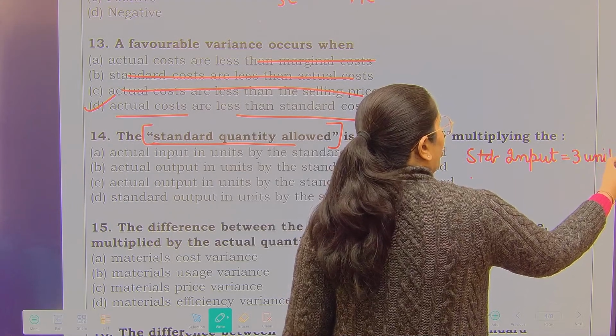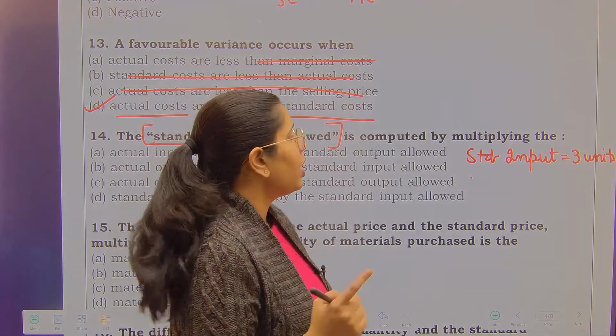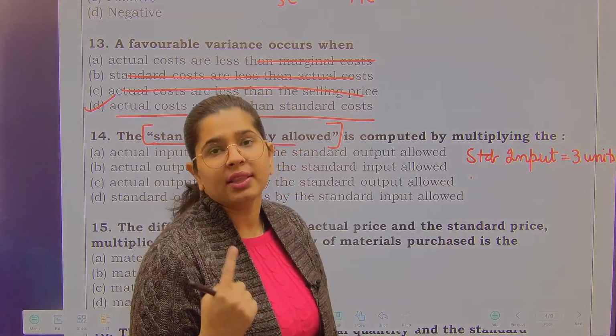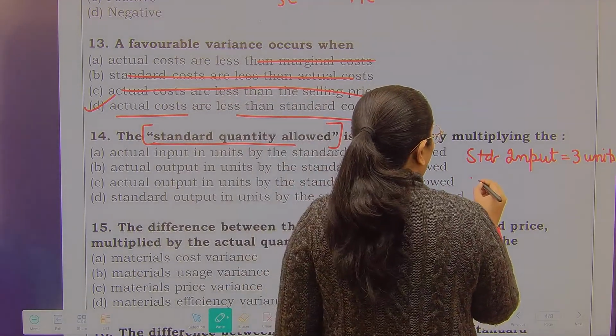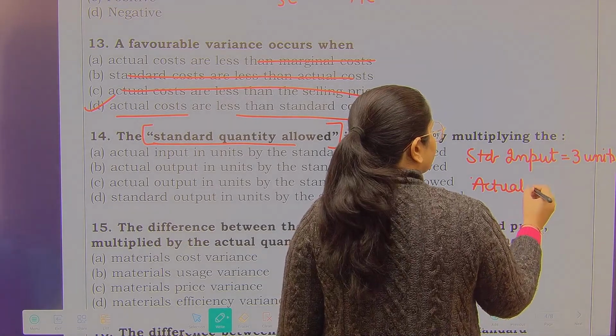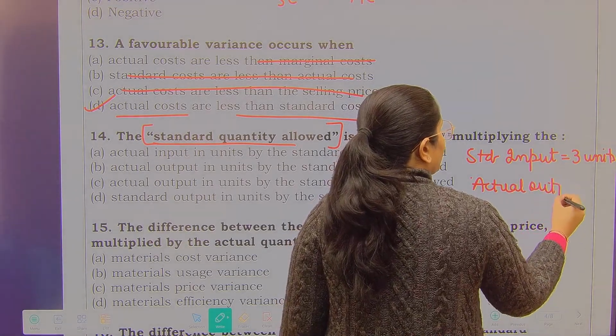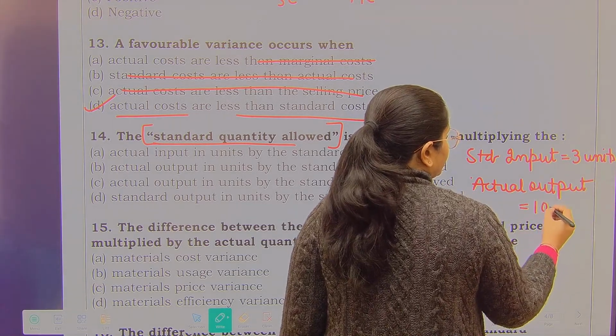That means in order to achieve production of 1 unit of output, you have to input how many? 3 units, right? Now suppose my actual output is 10,000 units.